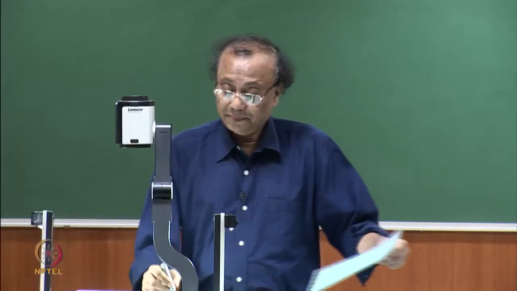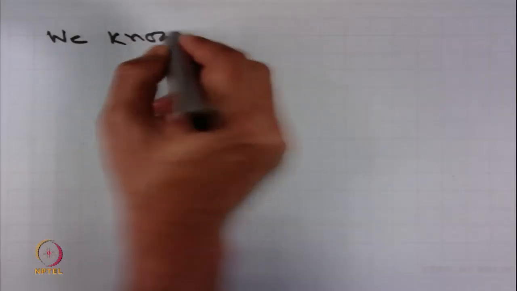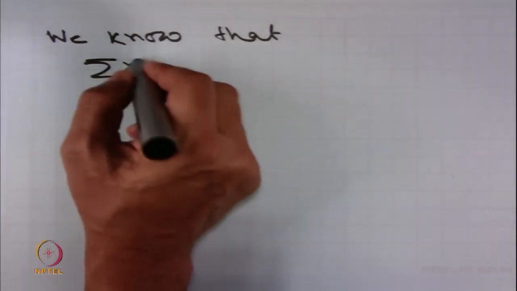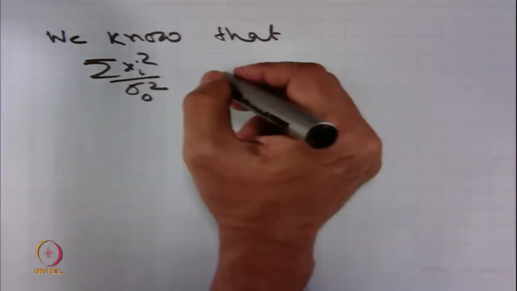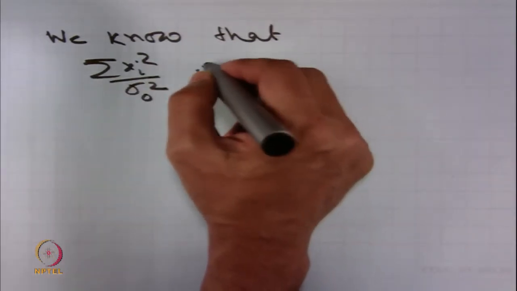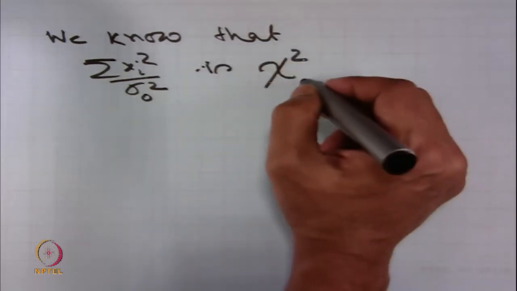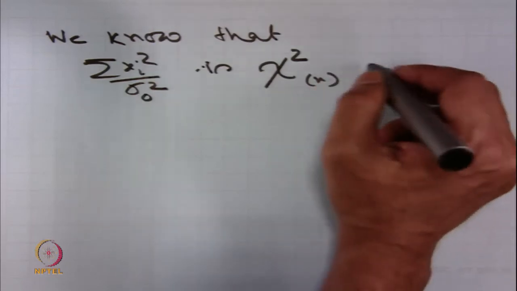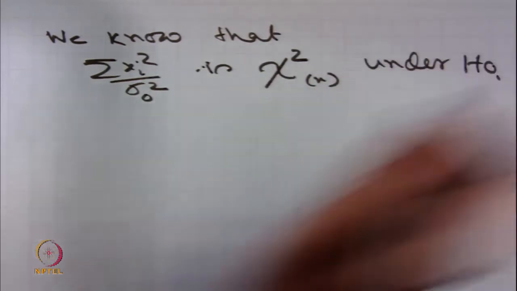Now, we know that sigma xi square upon sigma square is chi square with n degrees of freedom under H naught.